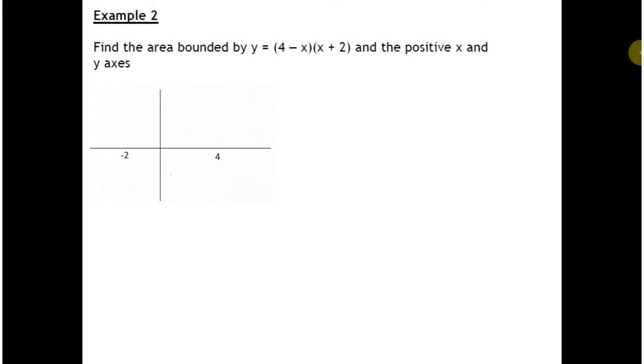So marking those points, the curve crosses at minus 2 and 4 on the x-axis. If we multiplied this quadratic out, we would get minus x squared, so it's an n-shaped quadratic.